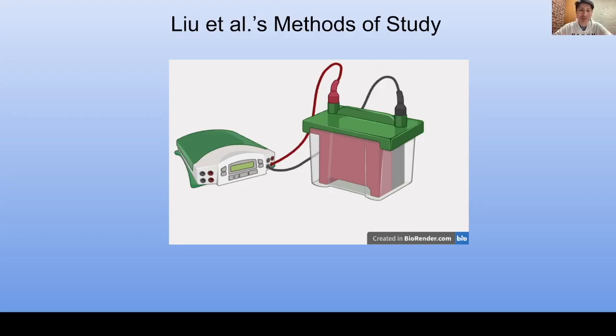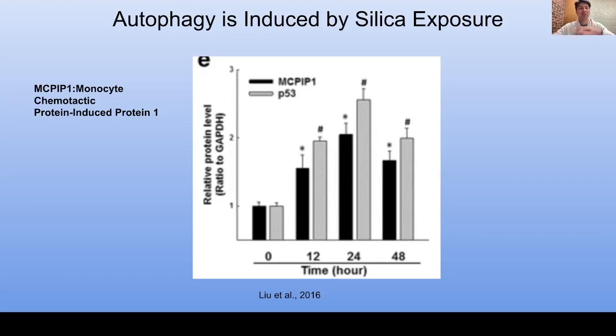that are in the cells. So they first discovered that autophagy is induced by silica exposure, and to prove this, first they did a Western blot analysis of P53 and MCPIP1. P53 and monocyte chemotactic protein-induced protein 1 are proteins that are known to interact with each other in a pathway to induce autophagy.